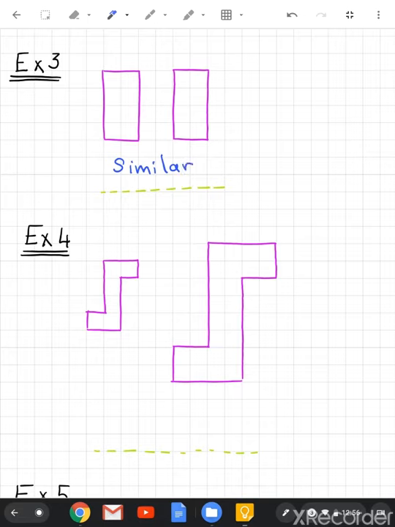Are they congruent? What do we mean by congruent? They have the same shape and the same size. So these two rectangles are similar and they are also congruent.